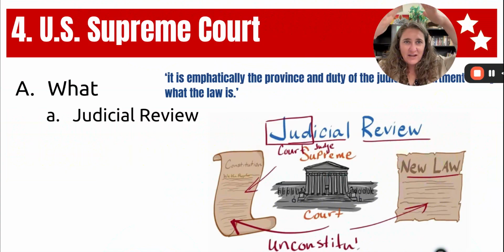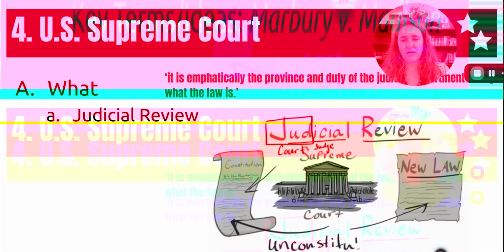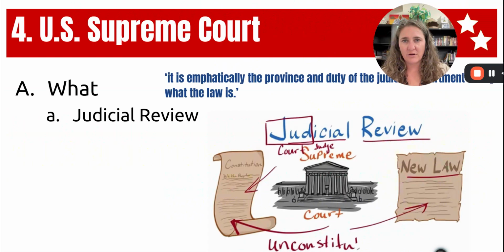All right, and then at the very tippy top of our federal court system is the U.S. Supreme Court. The U.S. Supreme Court is the highest court in the land, and they have what I mentioned at the beginning, what we call judicial review. Judicial review is the right to interpret the law. This was established by Marbury versus Madison in 1803.